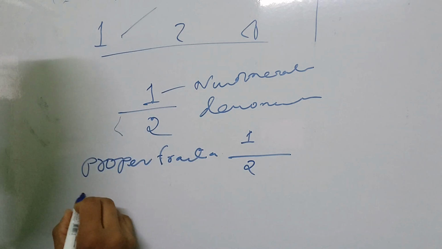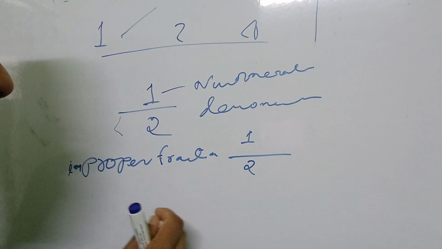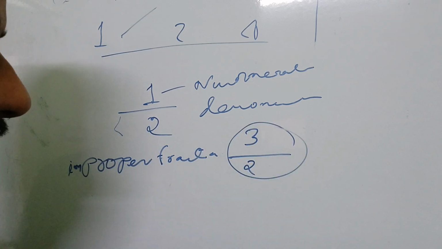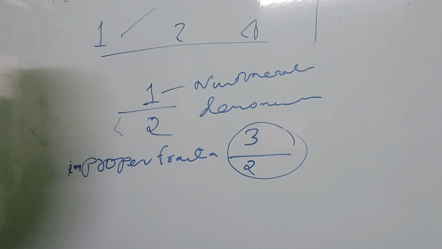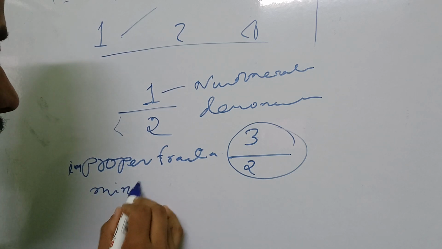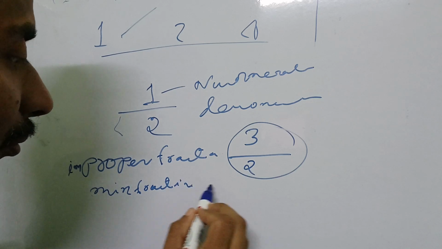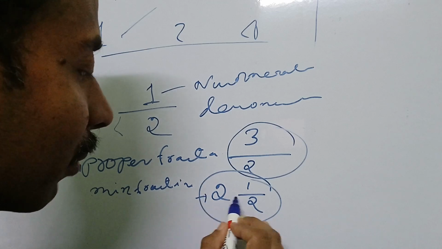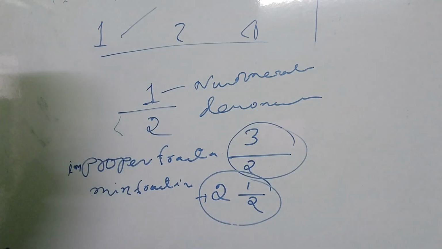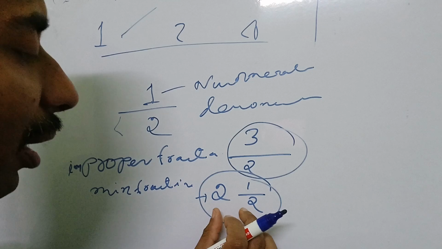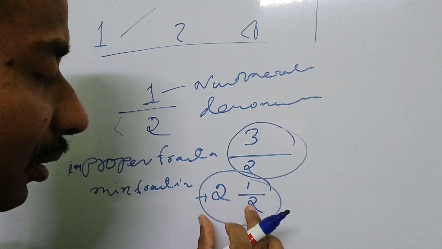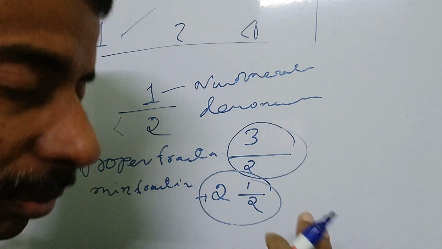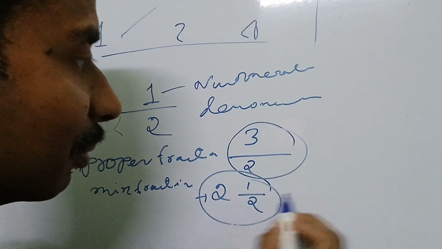Improper fraction is just the reverse, like 3 by 2. It is called an improper fraction. Mixed fraction: here, a whole number and a fractional part. This mixed fraction can be converted to an improper fraction. How to convert? A mixed fraction equals the whole number plus the fractional part.